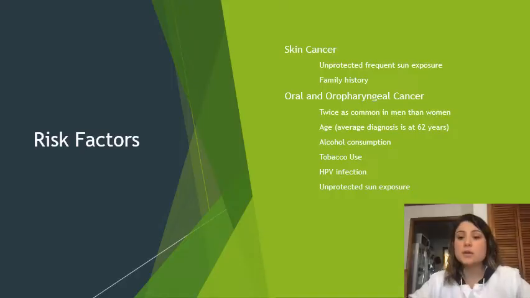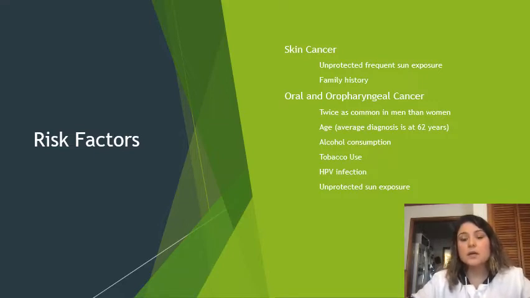All right, so next we're going to talk about risk factors. Basically, risk factors are just things about you and your life that may mean that you have a higher chance of getting any of these cancers. With skin cancers, if you're frequently unprotected under the sun, so if you're outside a lot and you're not wearing sunblock, that's a risk factor.